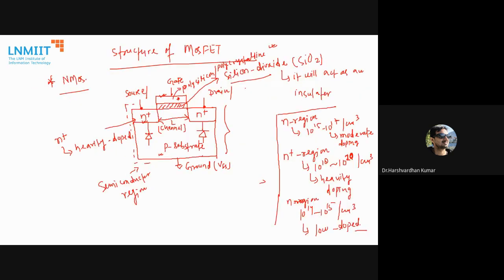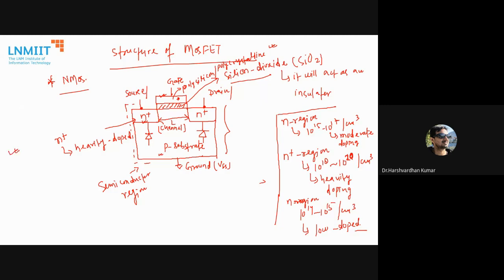Now we will see the NMOS device behavior, or the mode of operation. I will take 5 to 10 minutes to explain this. So far I have taught the structure of NMOS.